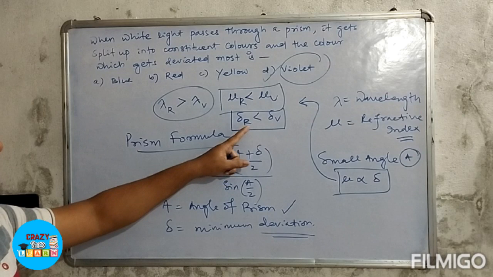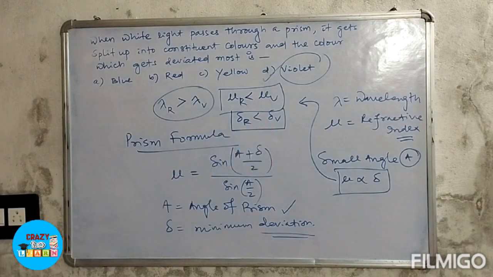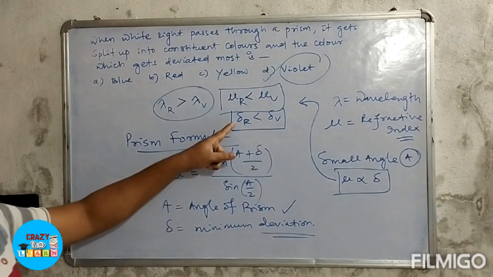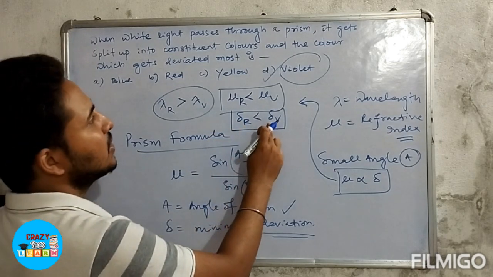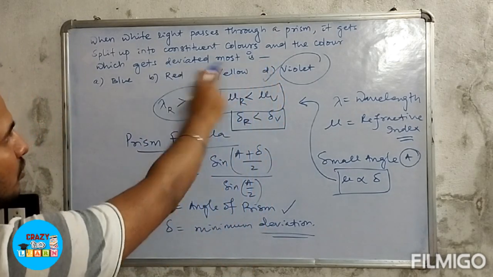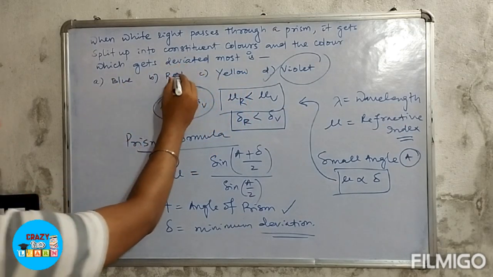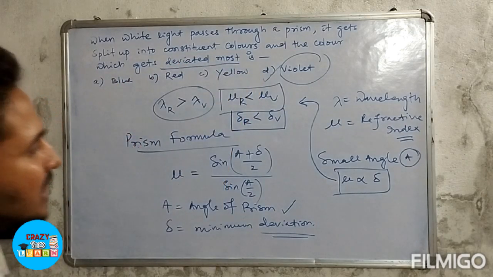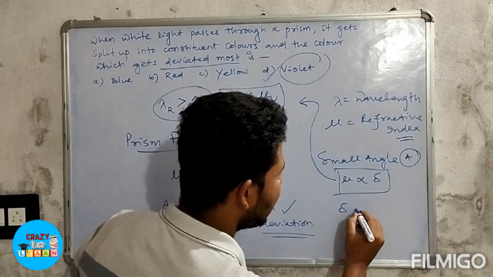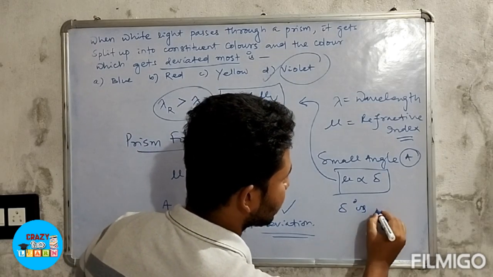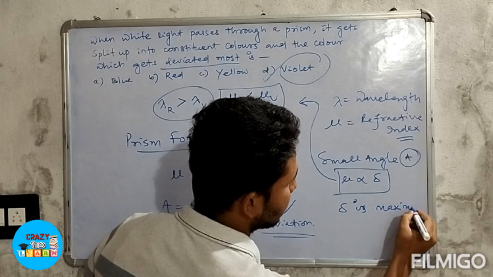So del R is minimum, del V is maximum. Del is the deviation, so deviation is maximum for, it is asked in the question, which gets deviated the most? Deviate most means del is maximum.